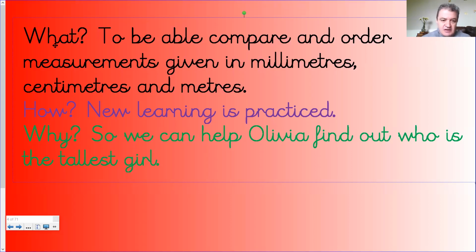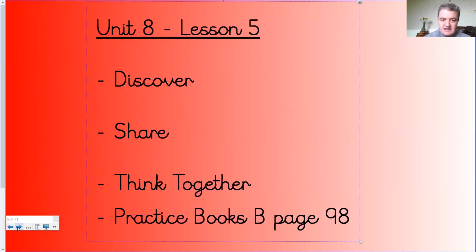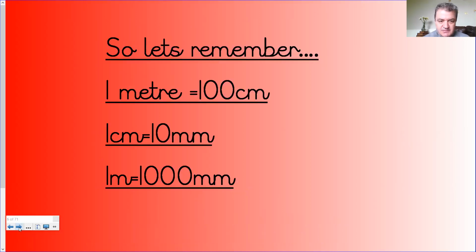Our new practice is to help Olivia find out who is the tallest girl. That's just one of the questions. So it's Unit 8, Lesson 5. We're going to do discover, share, think together, and then practice book B, page 98, is the book that we're using.